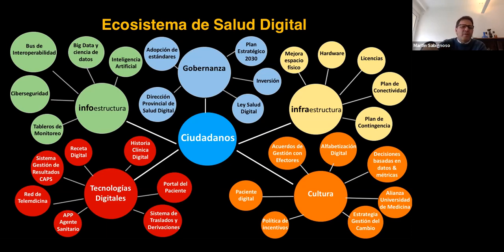There are multiple information systems within the same facility, and of course this prevents us from capturing more data and incentivizing providers in a better way.